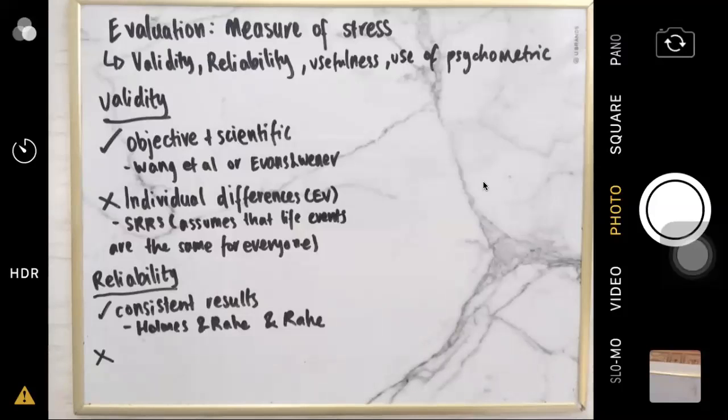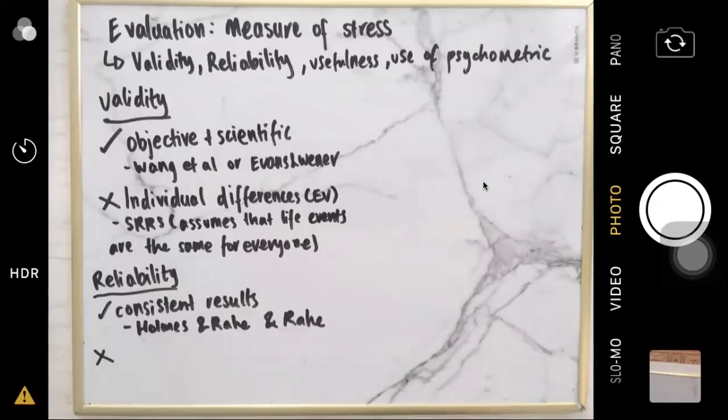Let's talk about the study by Evans and Wenner, where they had to study people who are commuting. So what was the procedure? After people commute, they had to take a swab.